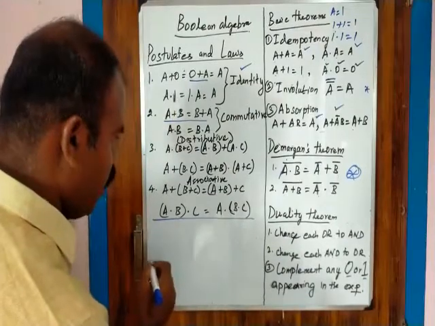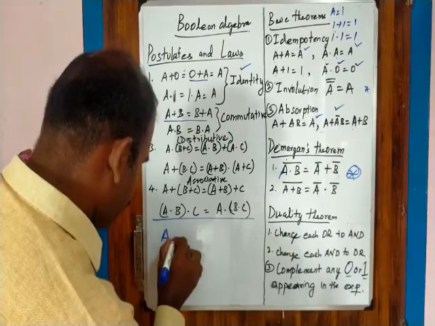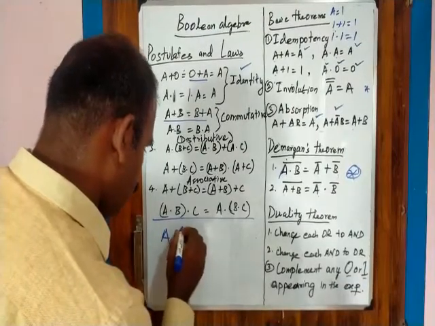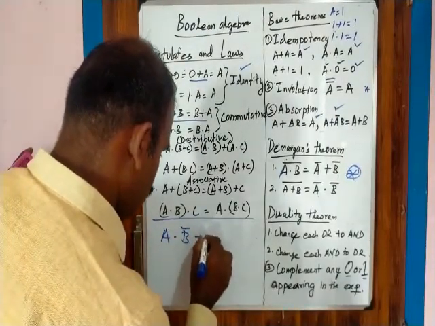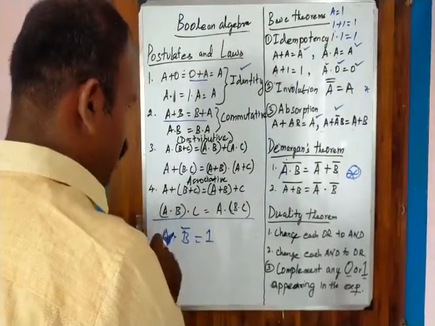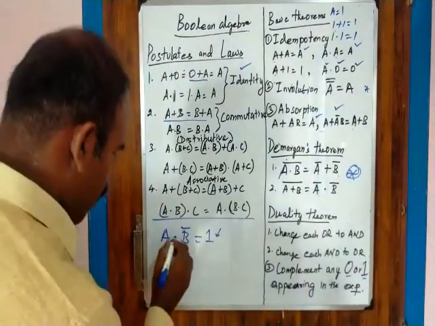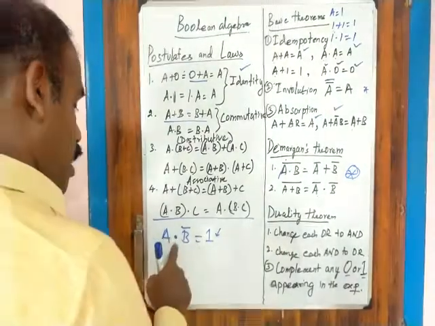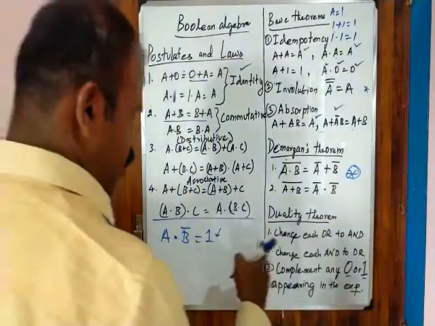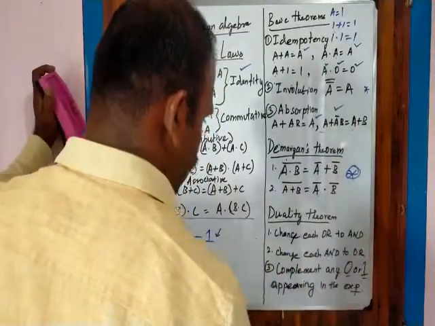One example for the duality theorem. Apply the duality theorem to this expression. First of all, change each OR gate to AND gate, and here we get only the AND operation. Second, change each AND gate to OR operation.